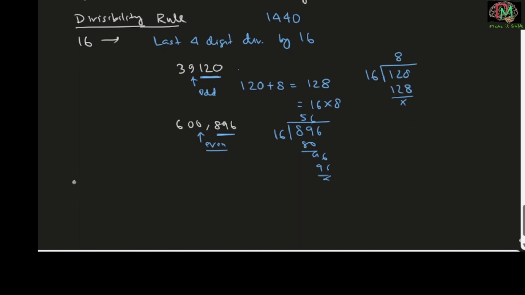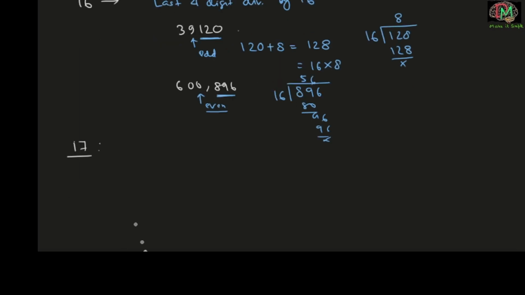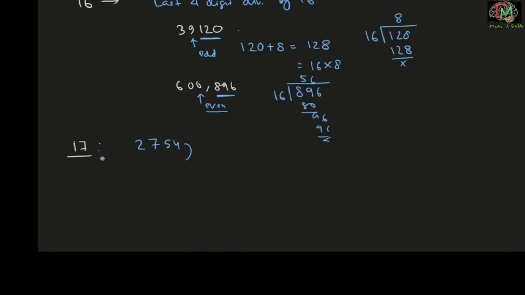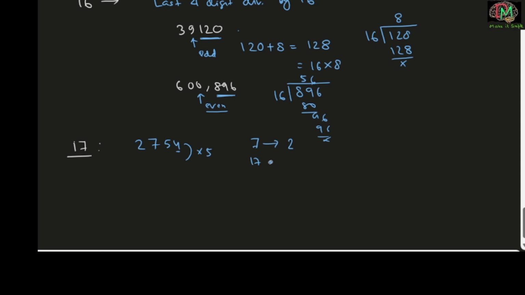Next we learn the divisibility rule of 17. For this, let's take one example, 2754. We have already learned that for divisibility of 7 we multiply the last digit by 2, but here we multiply by 5. So for 7 it was 2, for 17 it is 5.